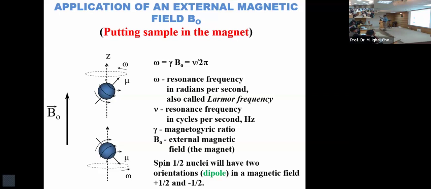If there is drifting, there is something else wrong with the machine. B naught is the same for everything. But B effective is different for CH3, CH2, and so on. Here, instead of B naught, you say B effective. And when B effective is directly proportional to precession frequency, they will have different precession frequencies, isn't it? The precession frequency would be different because they are feeling a different magnetic field.